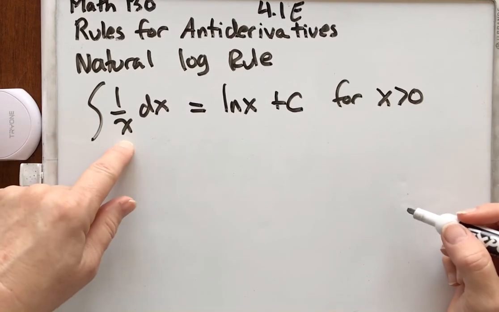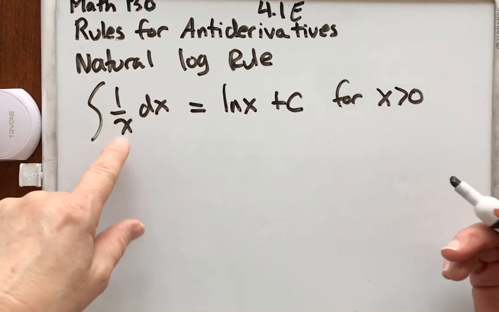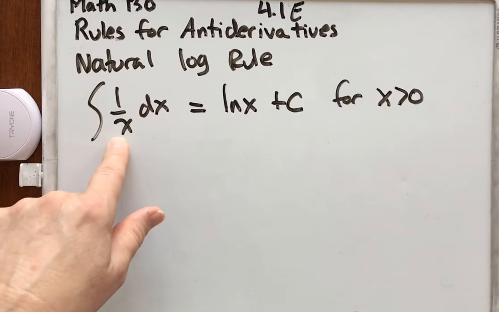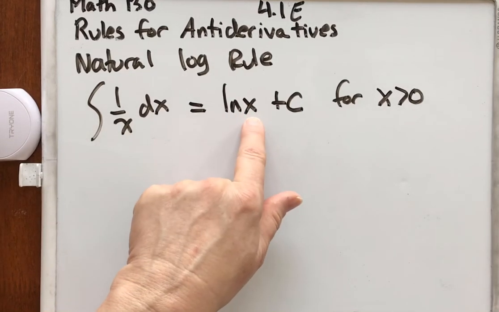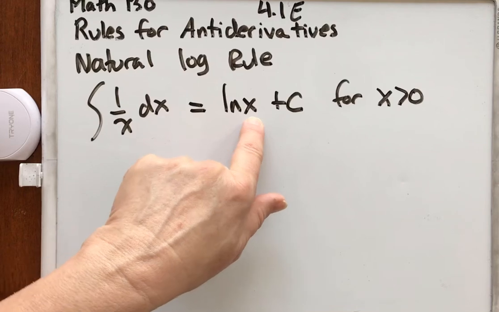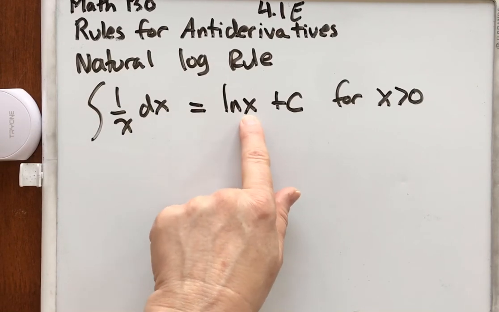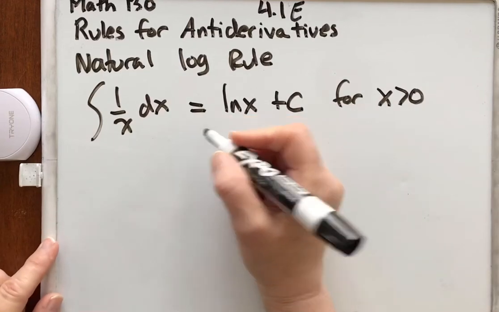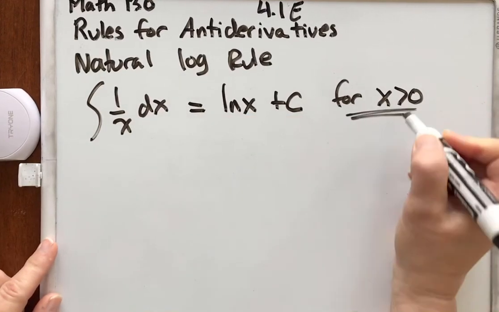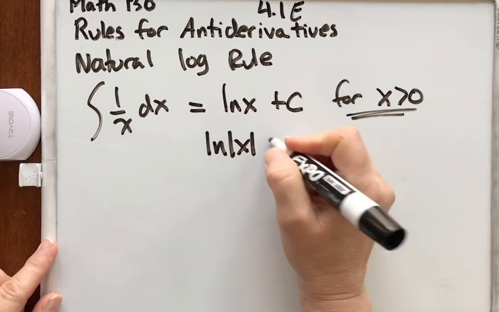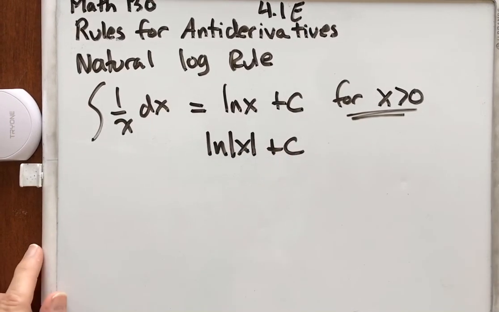Now, if we have x in the denominator, x could be negative, but it must not be equal to 0. But for ln x, we know that x must be greater than 0. For log functions, the domain must always be greater than 0. So if we are not told it's greater than 0 when we're working on a problem, then we have to do this for our answer.